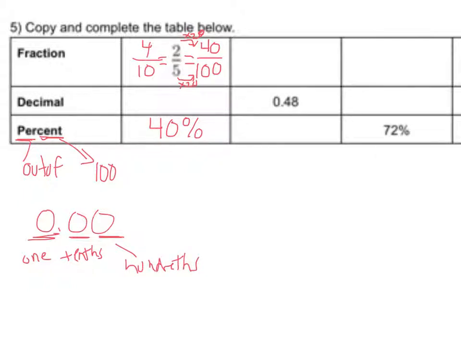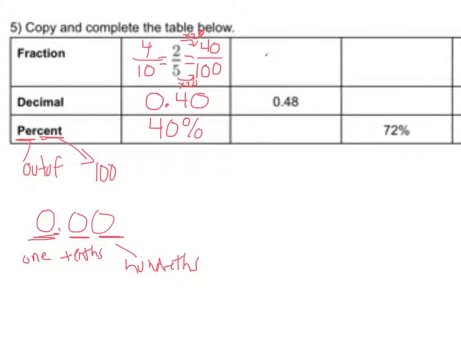So for this one, since we have 4 in the tenths position, we have nothing in the ones position, so it'll be 0.4 or 0.40. Anytime we have a 0 after the decimal, it doesn't affect that this would still be 4 tenths or 40 hundredths.